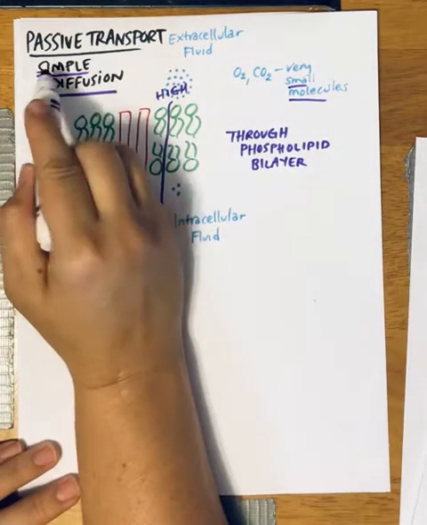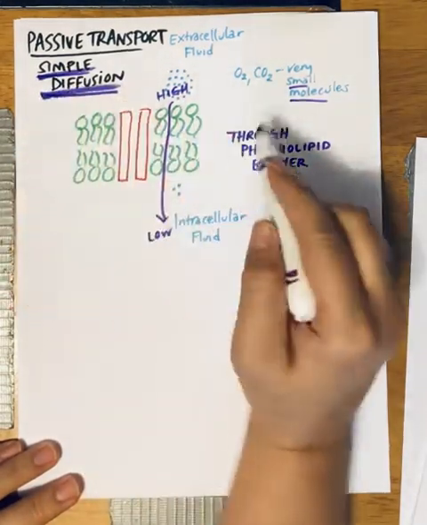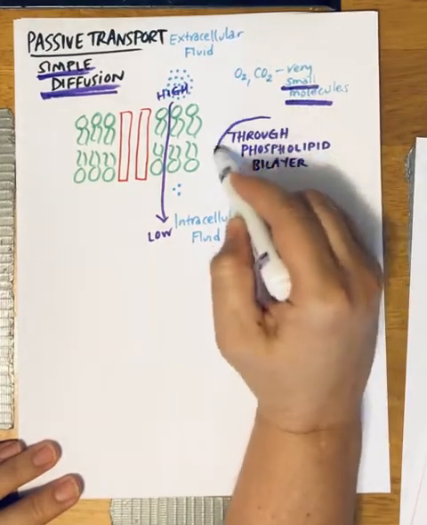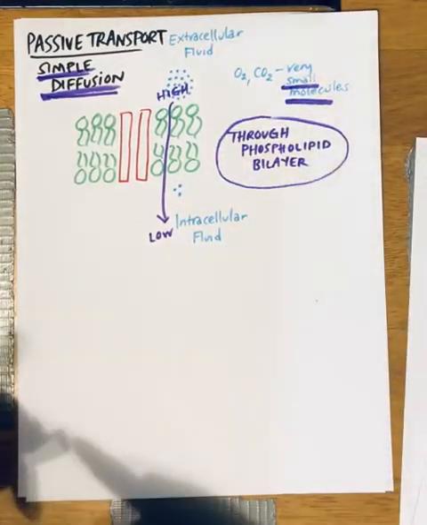That is simple diffusion. Very small molecules go through the phospholipid bilayer.